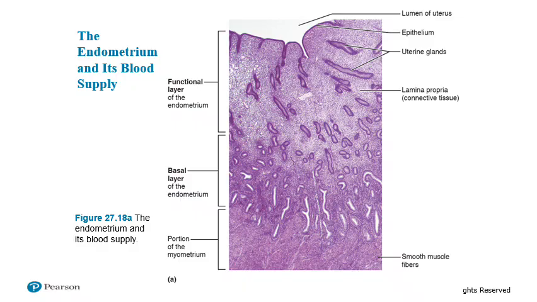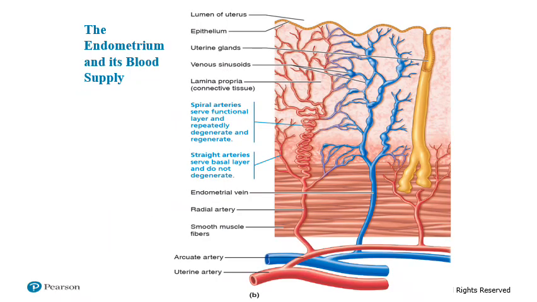The basal layer is the source of the new stratum functionalis after menstruation. This is the one that rebuilds the functional layer of the endometrium for next month. And this stratum basalis is unresponsive to ovarian hormones.